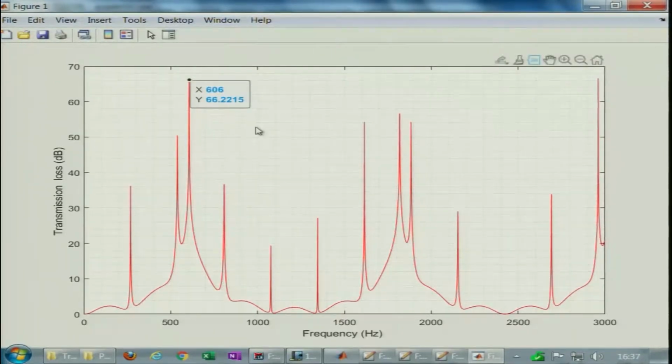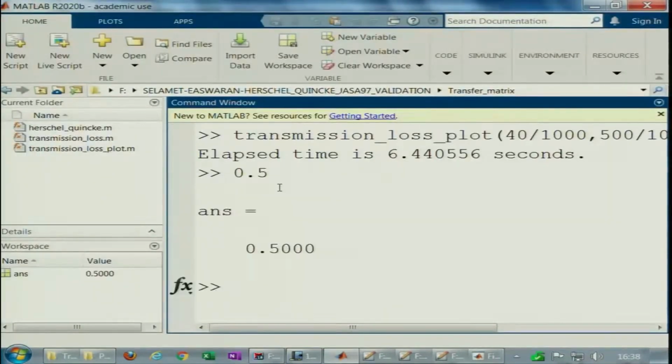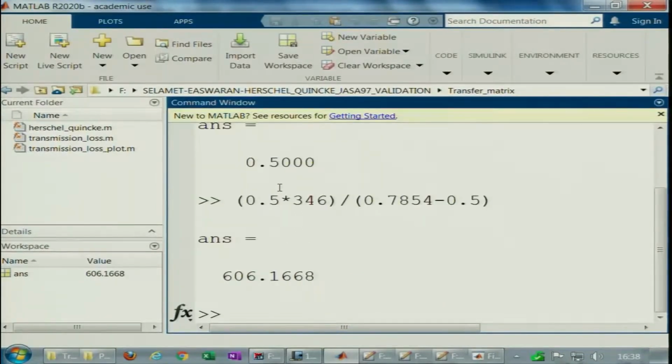We can easily do the maths. If we figure out m equal to 1, so 0.5 times 346, and the denominator will be 0.7854 minus 0.5. So, let us analyze where we get 606.